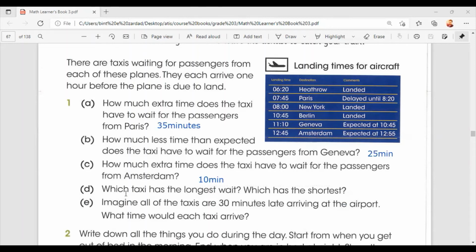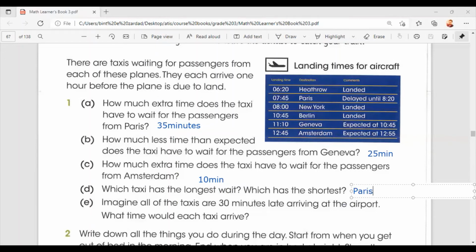Okay. Which taxi has the longest wait? Which has the shortest? Longest wait and the shortest. The longest wait we can see from here: this is 35 minutes. This is from Paris, you can see. The taxi from the Paris airplane, because 35 minutes.